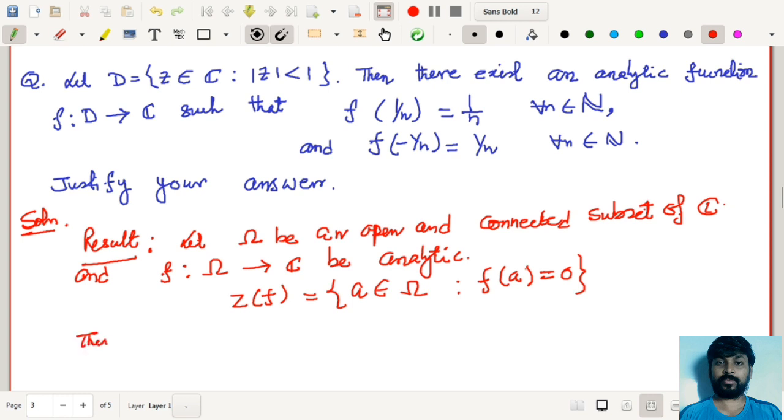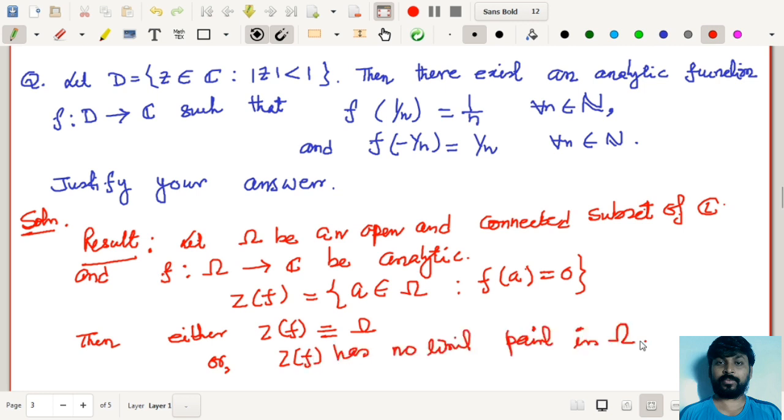Then the result is either ZF is identically equal to omega or the set ZF has no limit point in omega.